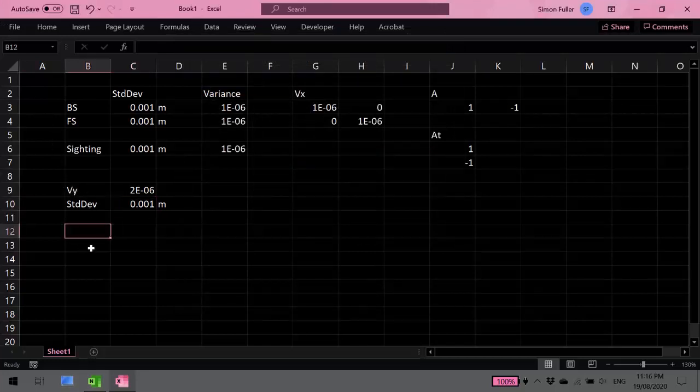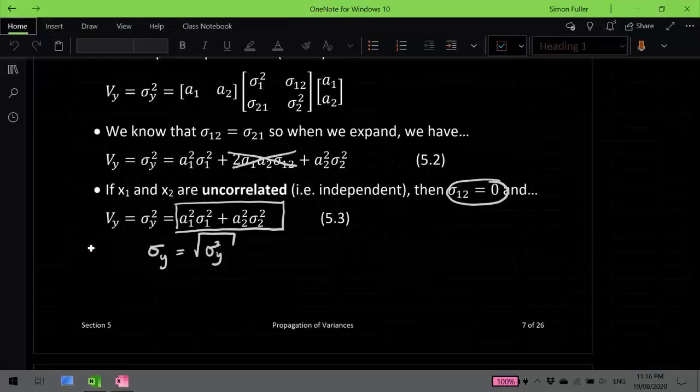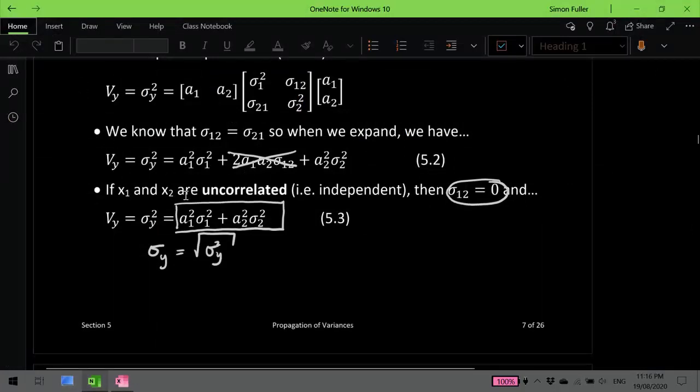You could also calculate these quantities using the shortcut method shown here in the notes. We can use this shortcut here because we know that the measurements are uncorrelated. So I need A1 squared by my backside variance, plus A2 squared by my foresight variance.